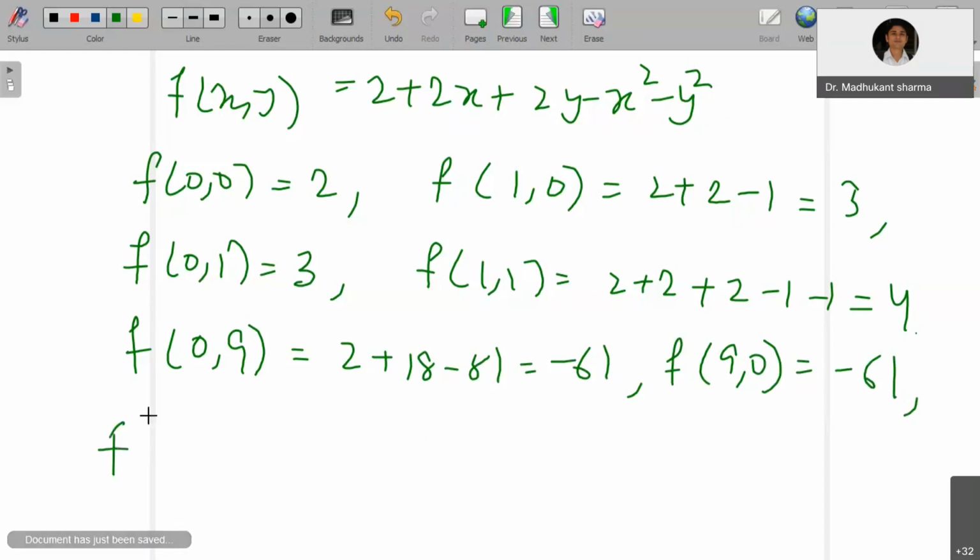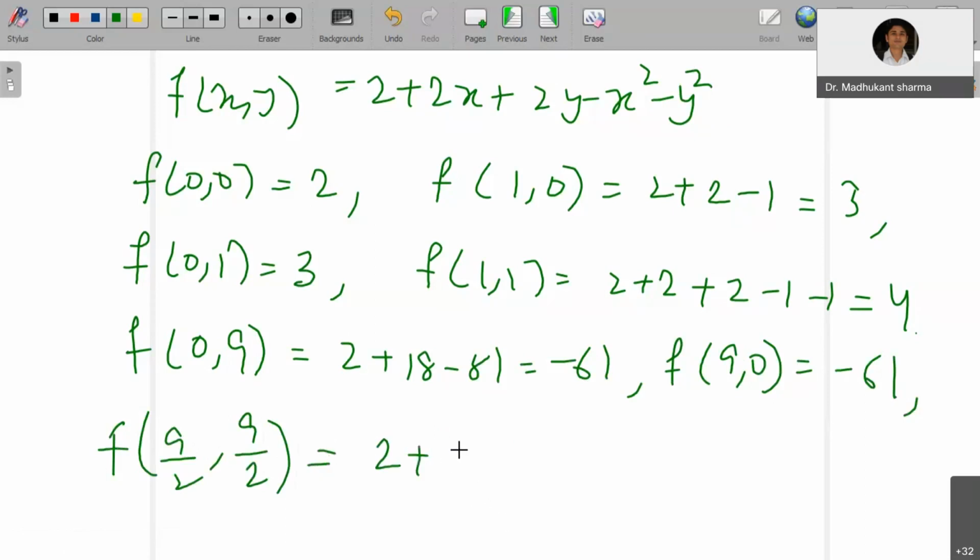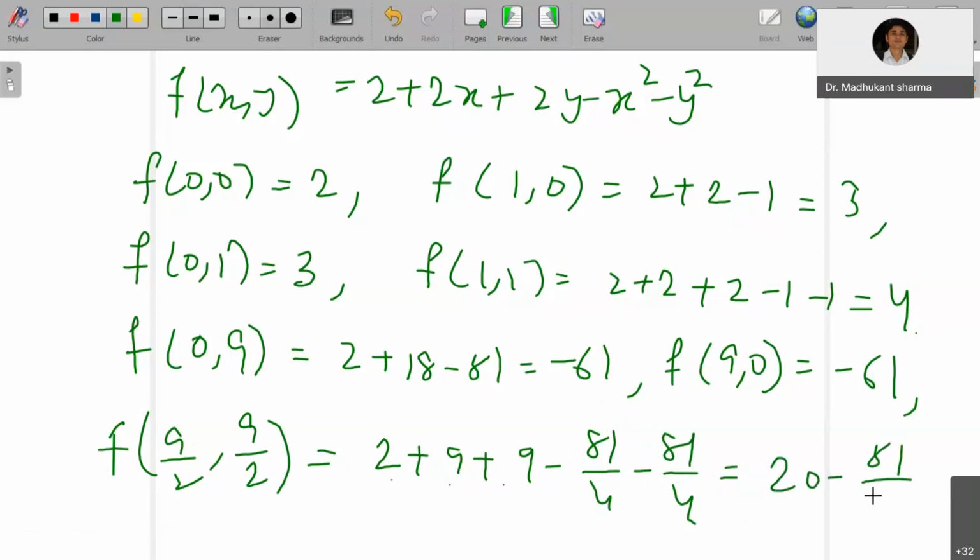Another point is f at 9 by 2, 9 by 2. So 2 plus 9 plus 9 minus 81 by 4 minus 81 by 4.